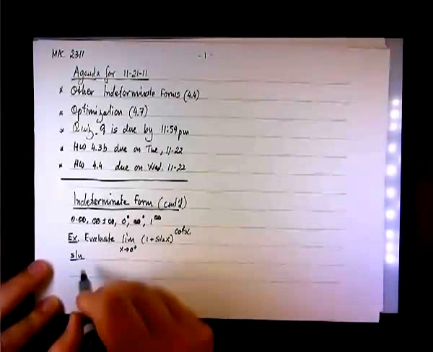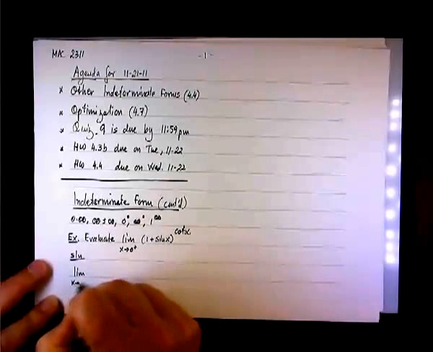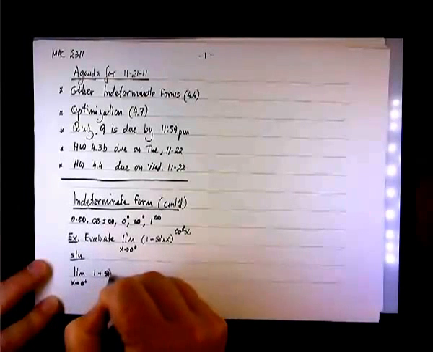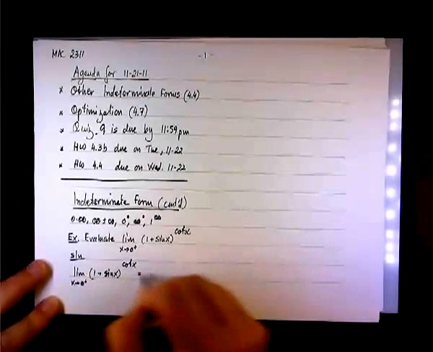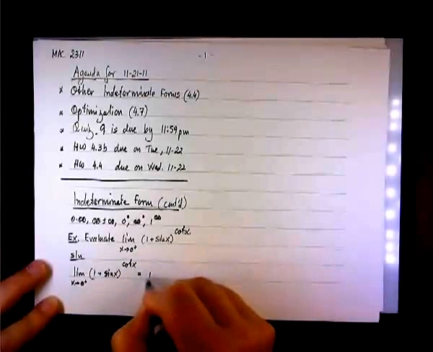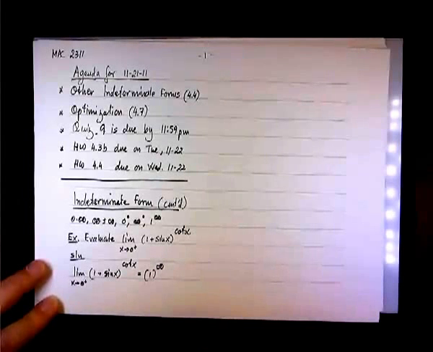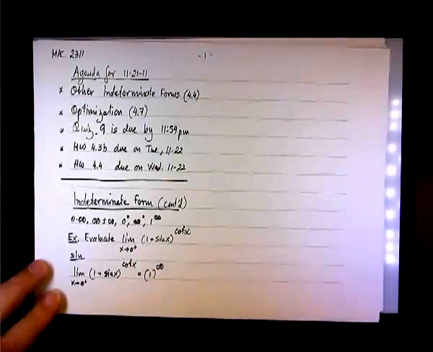So if we're looking directly at the limit, we end up having 1 raised to the power of infinity. So we have an issue here. We don't know. This is indeterminate.